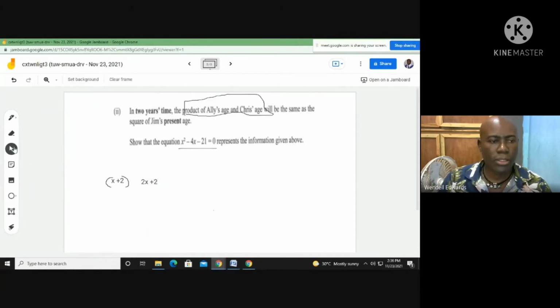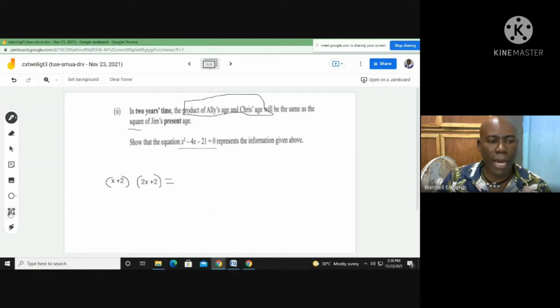And so this is the product of Ali and Chris 2 years from now. They're saying that this is supposed to be equal to the square of Jim's present age.